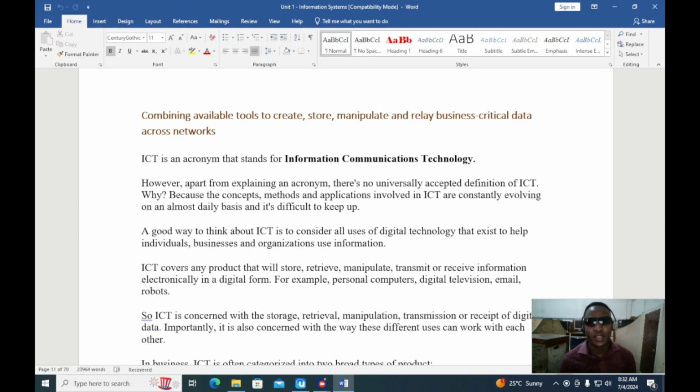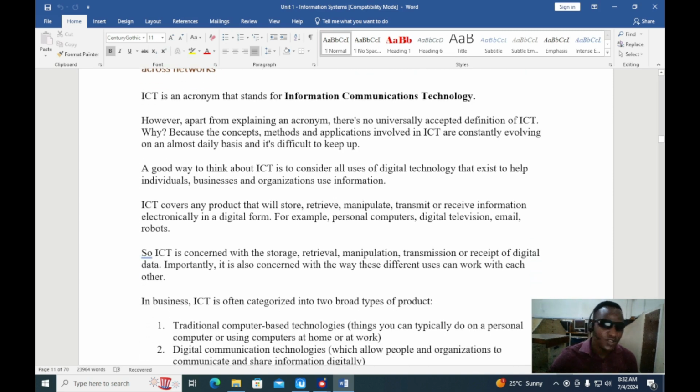As we are explaining the ICT acronym, there is no universally accepted definition, or no unique way of defining ICT. The reason is that the concepts, methods, and even applications of ICT are evolving every day. They keep on changing and becoming better on a daily basis, so it is really difficult to keep up with a correct definition.